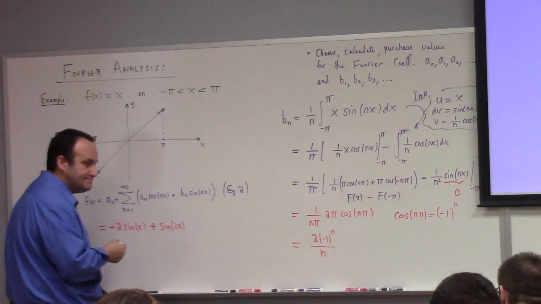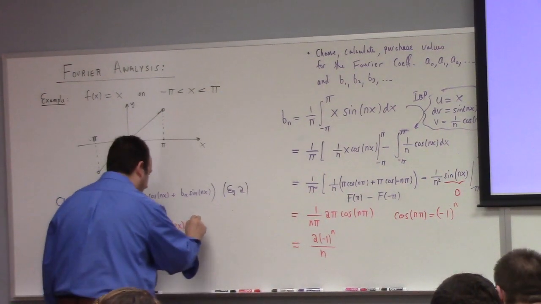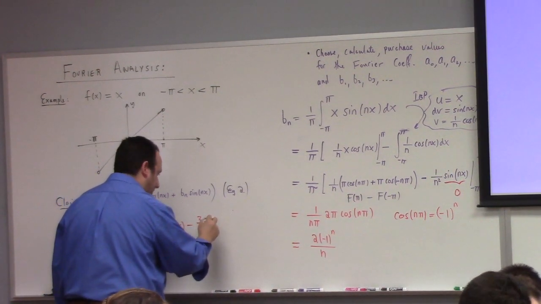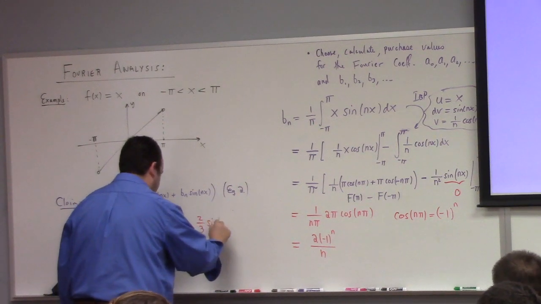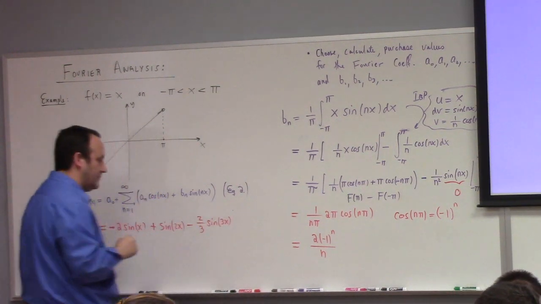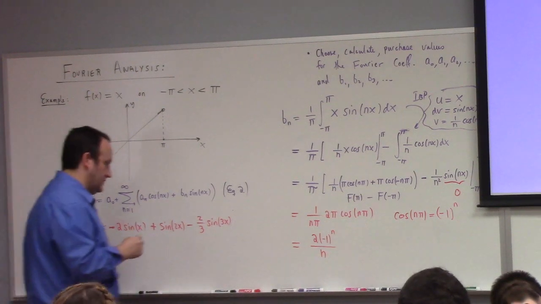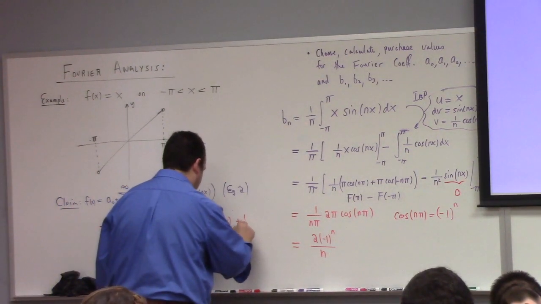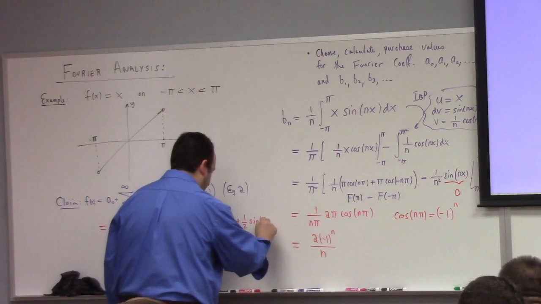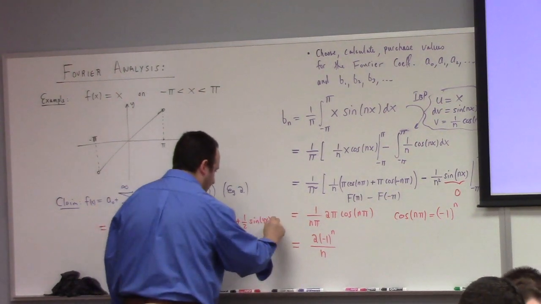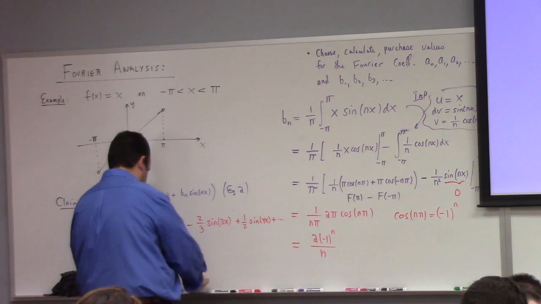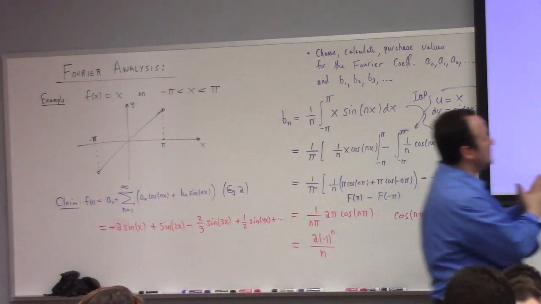What do I got? Yeah, 2/3 sine of 3x. What's next? Plus 1/2 sine of 4x.